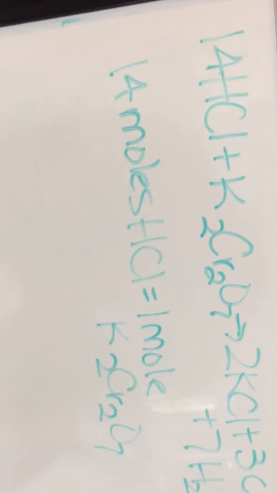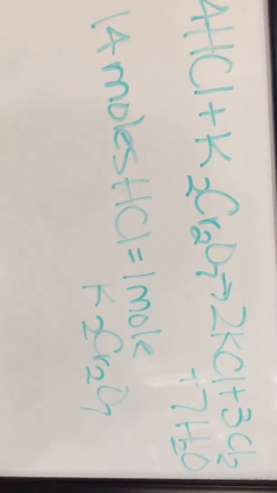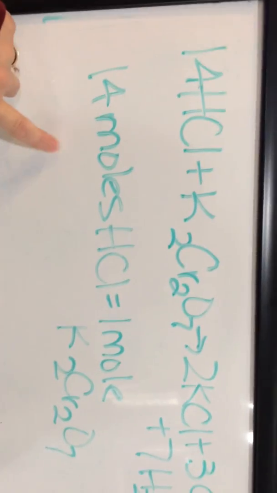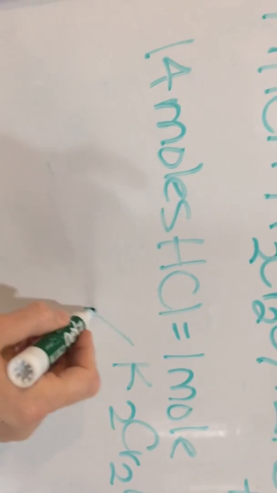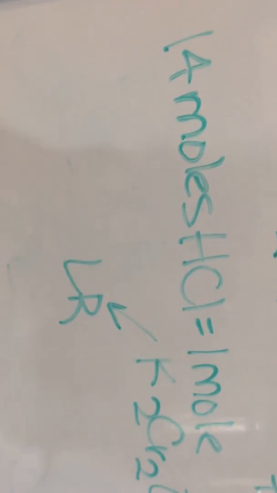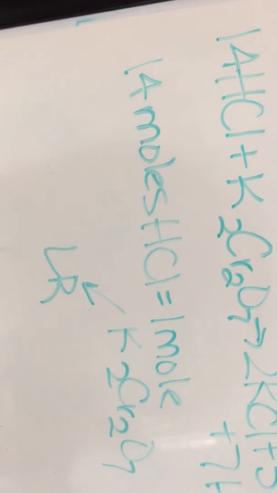What's he going to run out of first? Well, he's going to run out of this first, because he's going to have 1 mole of HCl left over. So this is the limiting reactant. I'm going to write LR. So the K2Cr2O7 is your limiting reactant.